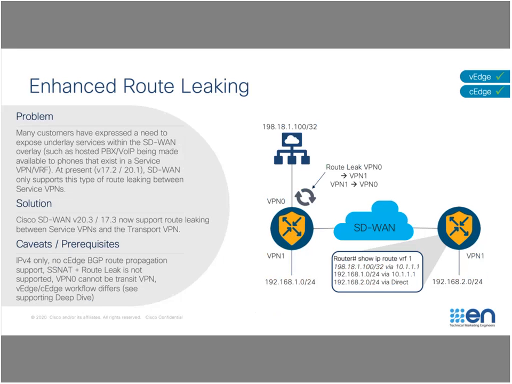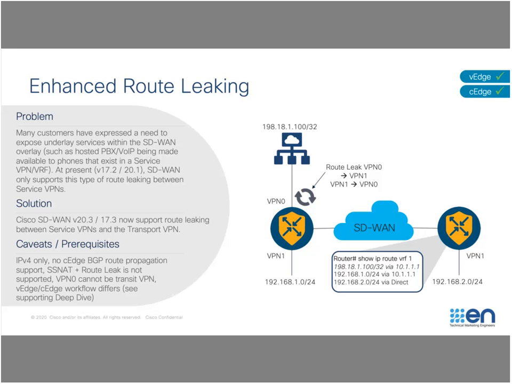How can I provide access to that service without having to turn on NAT and having to recable things and go through all kinds of wonkiness to allow that traffic through? With 20.3 and 17.3, we now support enhanced route leaking, or I should just say route leaking between VPN 0 and VPN 1, or any service VPN for that matter. But the idea here is I don't need to turn on NAT.